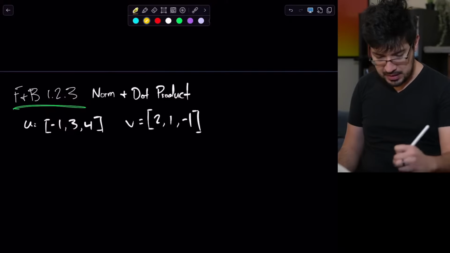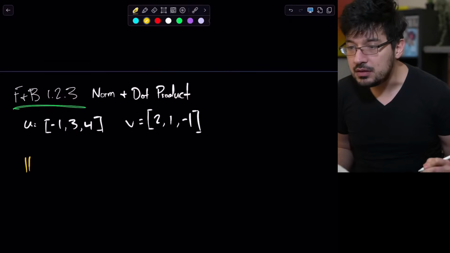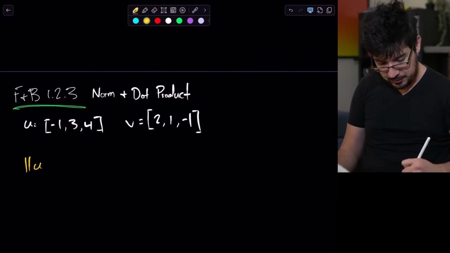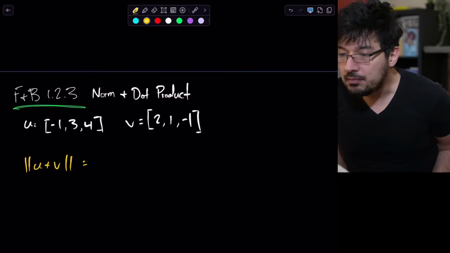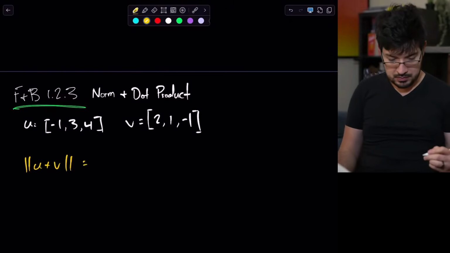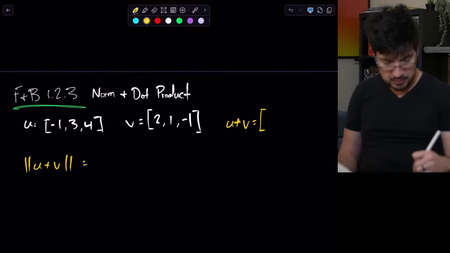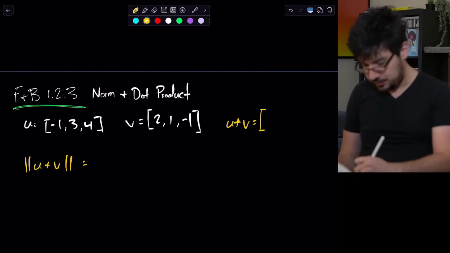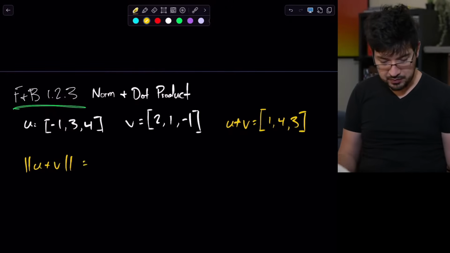And it's going to ask us to find the norm of U plus V. So, well, U plus V is 1, 4, 3, if you add those two vectors together.